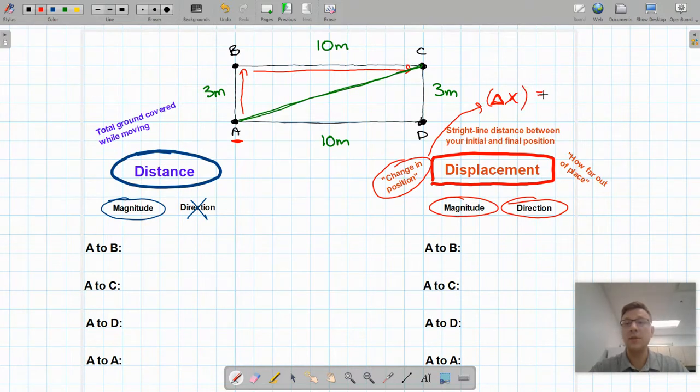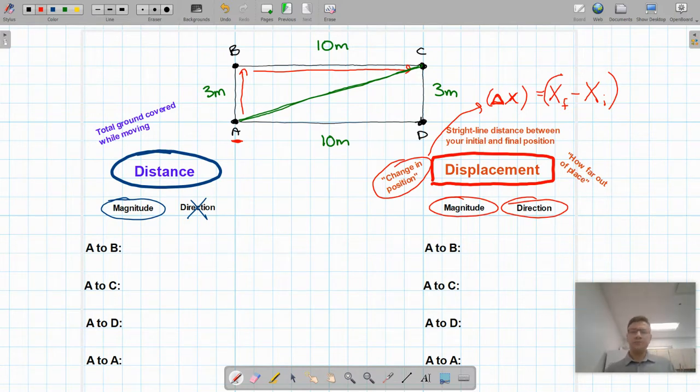And really what that means is the final position minus the initial position. So in this case, our final position would be point C and our initial position would be point A. Okay, so that kind of makes sense then with that definition, straight line distance between your initial and final positions.